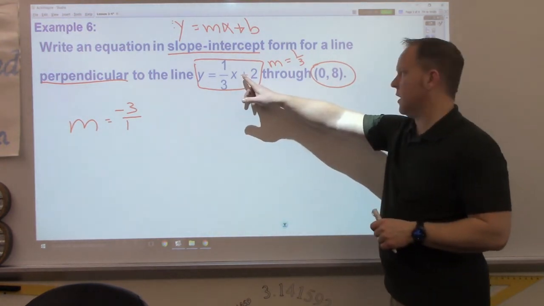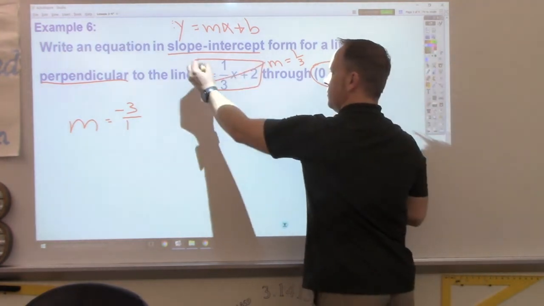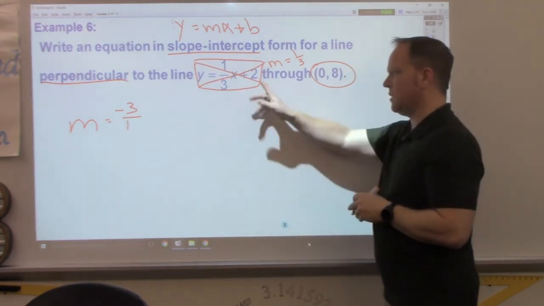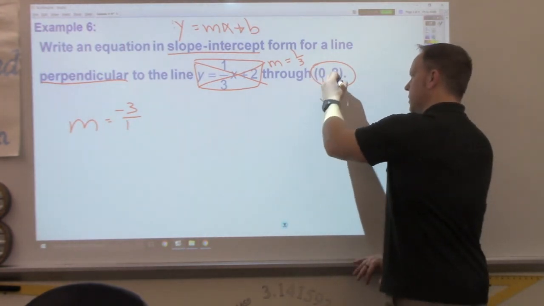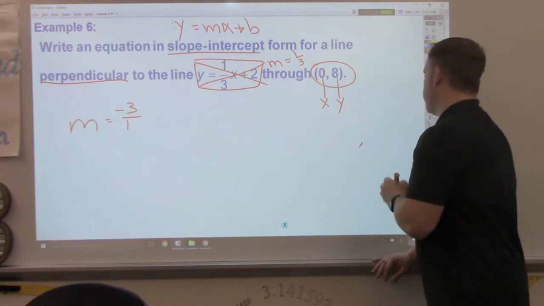Notice in the last problem, once I got the slope from this, I didn't use anything else. The 2 has nothing else to do with the rest of the problem. Here's my x, here's my y.